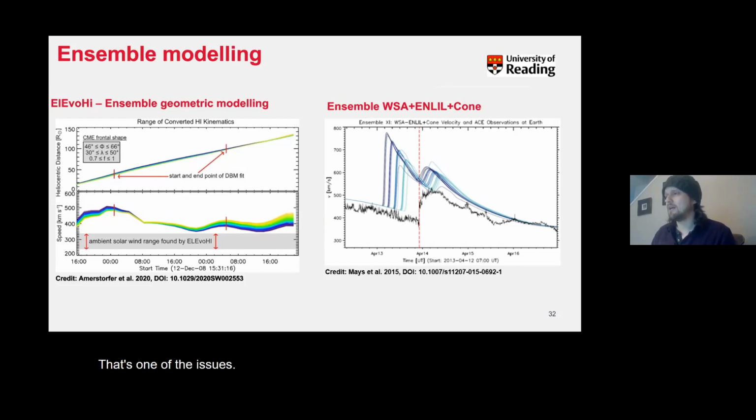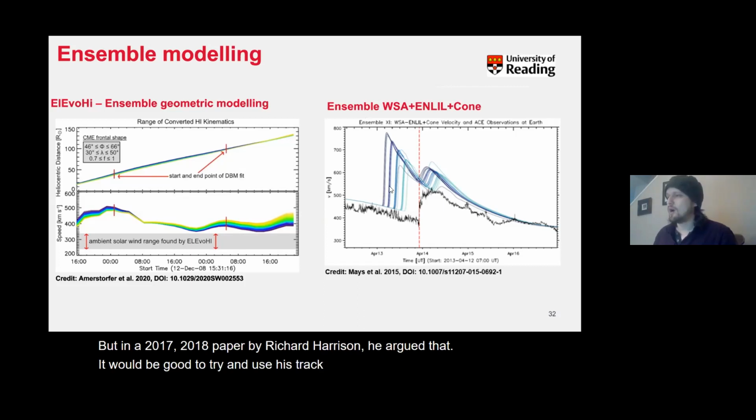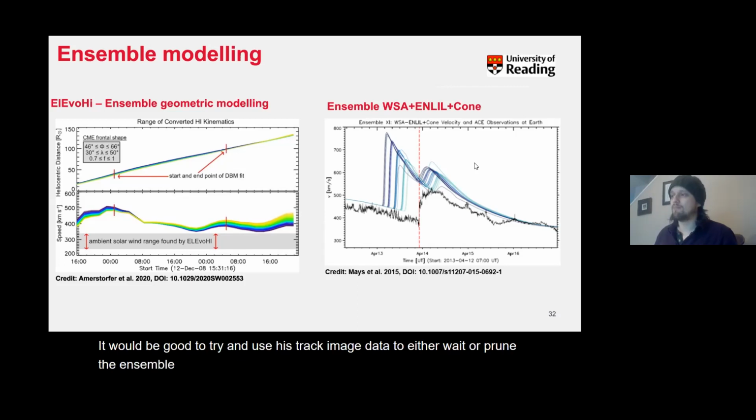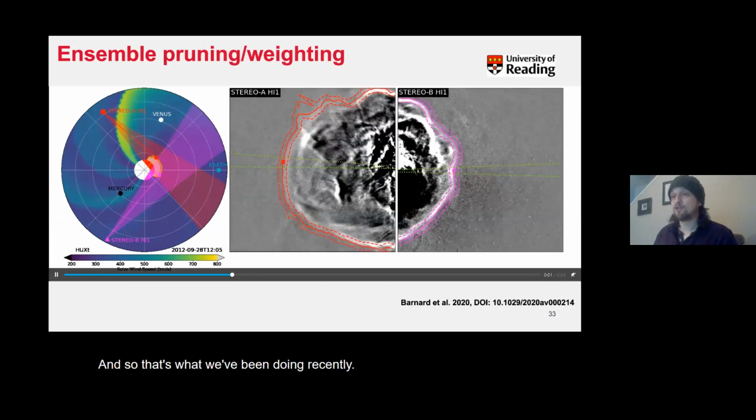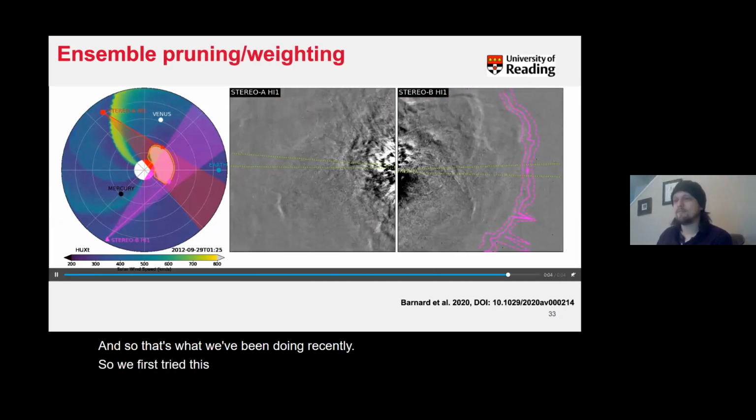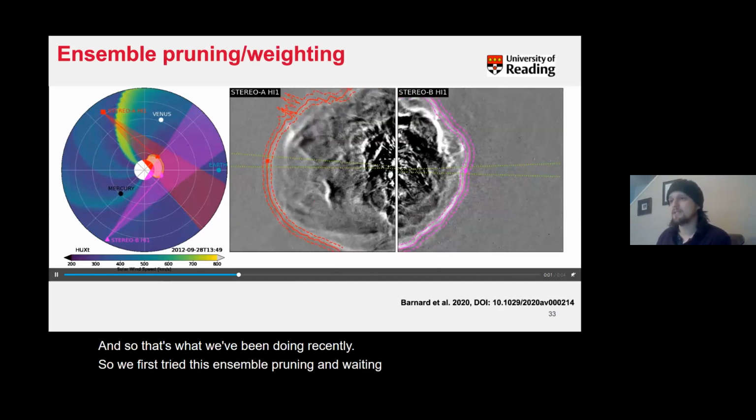But in a 2017 or 2018 paper by Richard Harrison, he argued that it would be good to try and use heliospheric imager data to either weight or prune the ensemble members from some kind of time-dependent solar wind model like Enlil, or maybe even use data assimilation with them. And so that's what we've been doing recently. So we first tried this ensemble pruning and weighting, where we used HUXt for this.